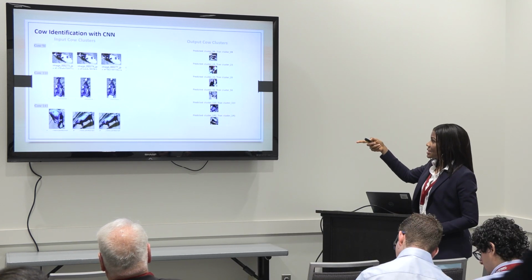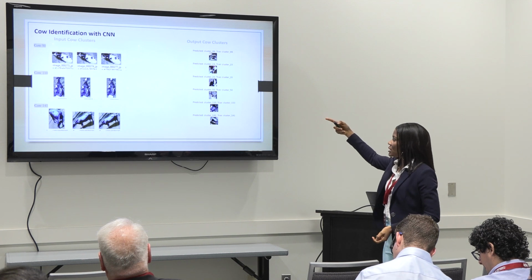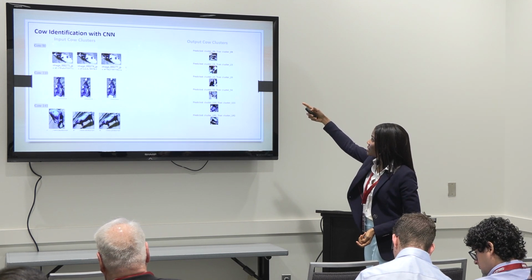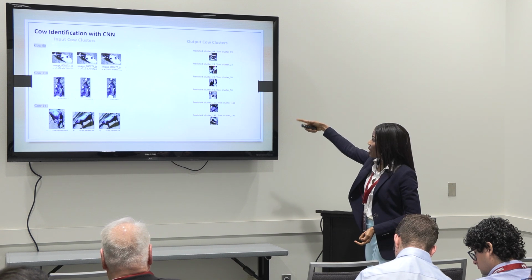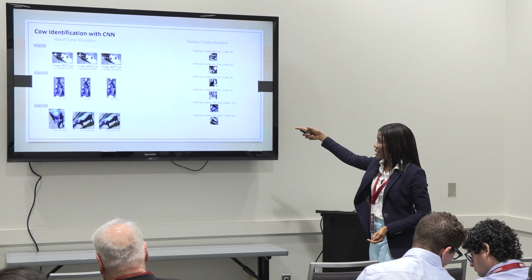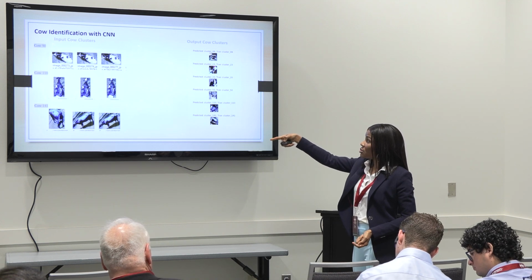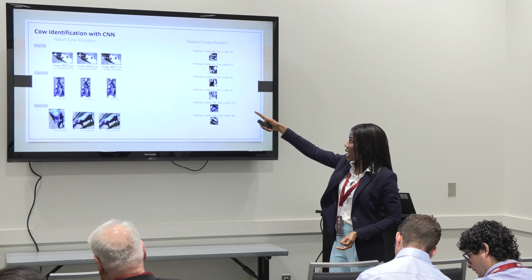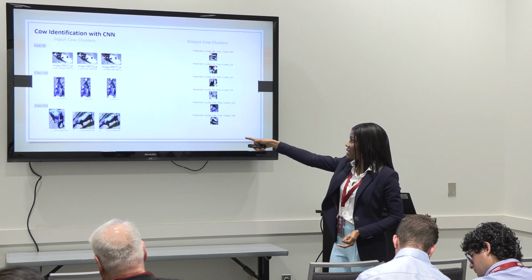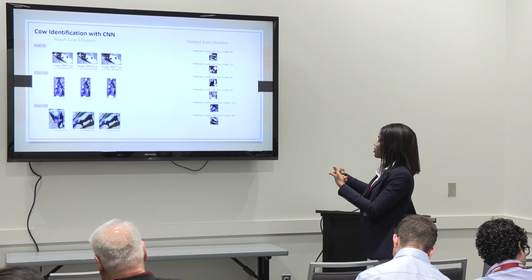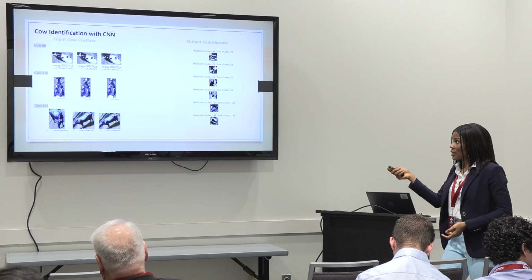And this is just an example of what the clusters look like and the ID. You can see the predicted clusters that we got from the K-means clustering that we used on the CNN features, and then you can see the cow ID. You can see the similarity that brings them into the same cluster.